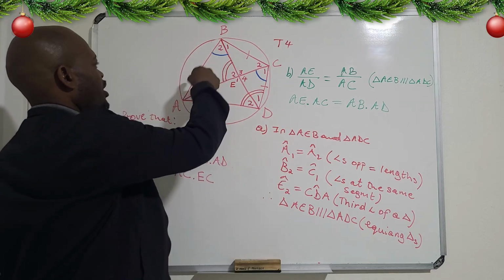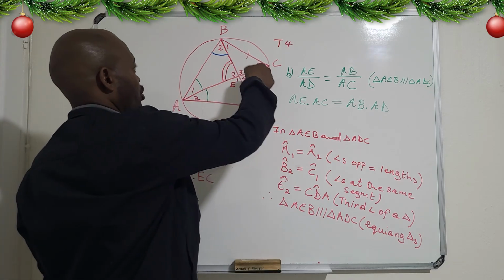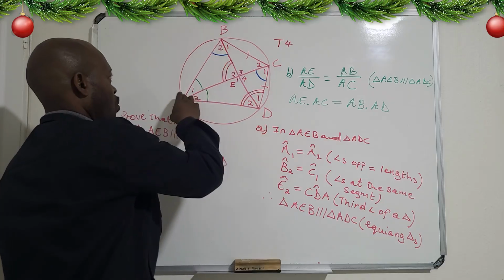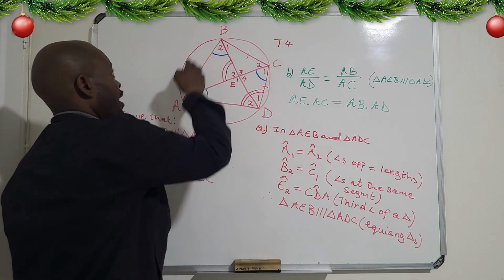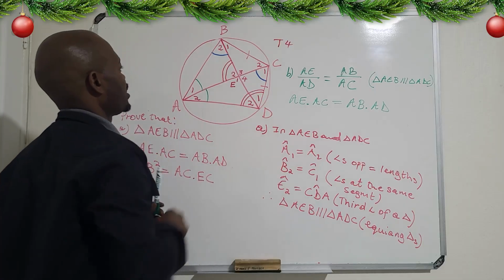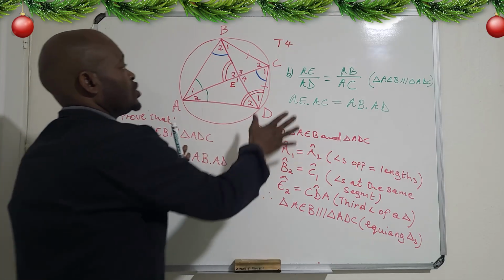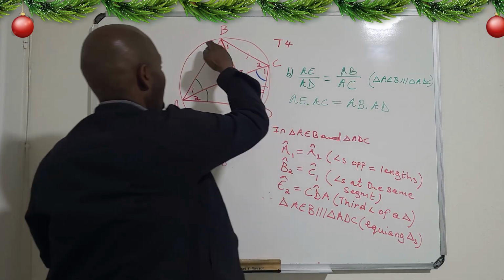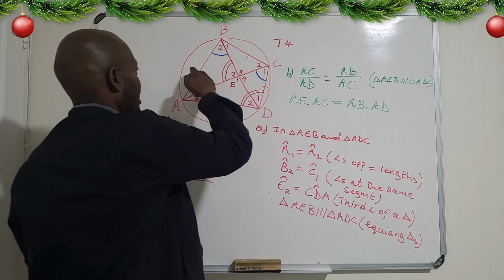It is easy when you highlight your equal angles on one triangle to be equal to another angle on the other triangle.